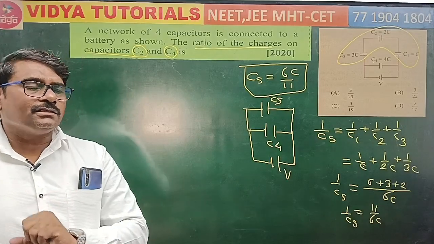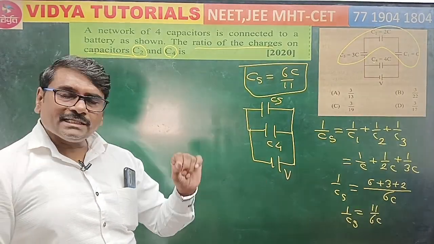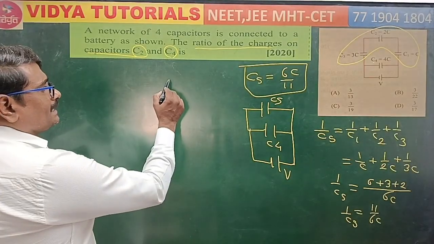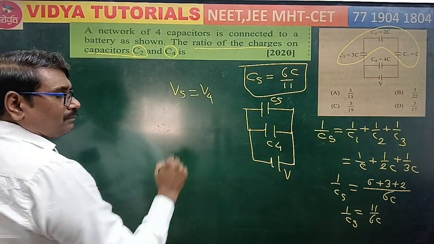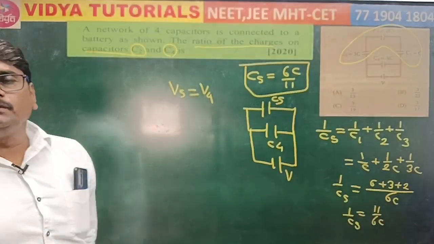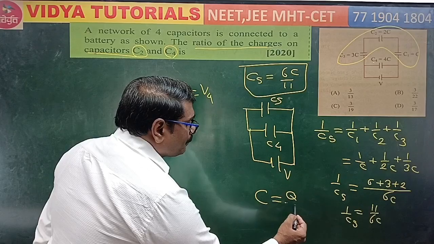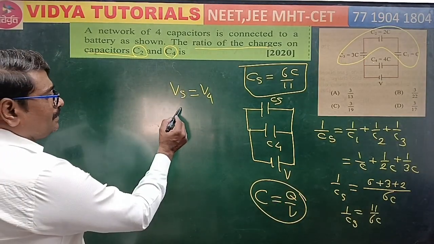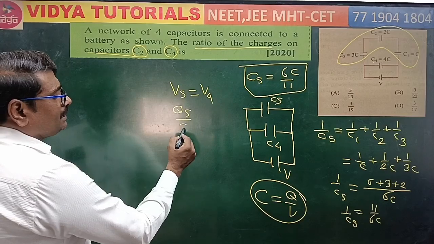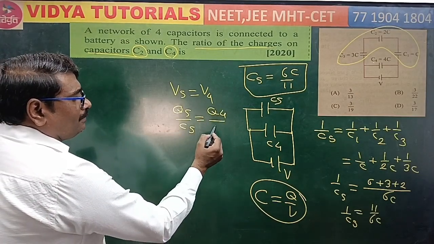In parallel combination, the potential difference across them is the same, and hence we can say that Vs equals V4. Again we know that capacitance has the general formula Q by V. From this formula we write Vs as Qs upon Cs, similarly Q4 upon C4.